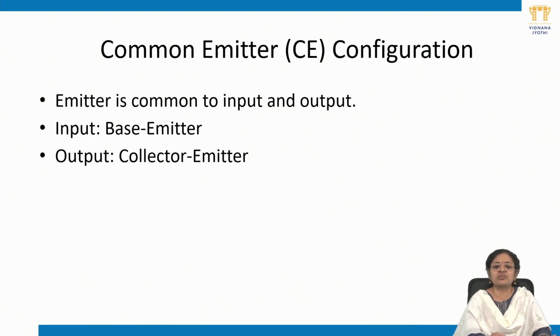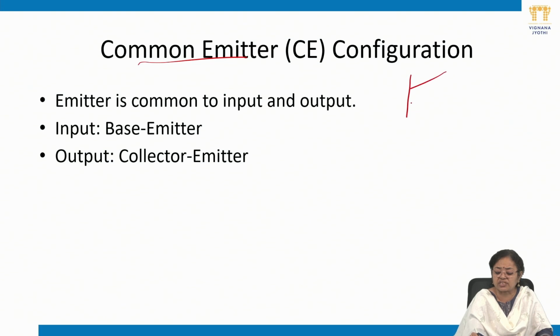Coming to the next configuration, we have the common emitter configuration for the bipolar junction transistor. As the name itself says, the emitter is made common to input and output. So the input is base emitter. If we see the symbol, over here we have the emitter, so the emitter is made common, and this is the input side and this is the output side.